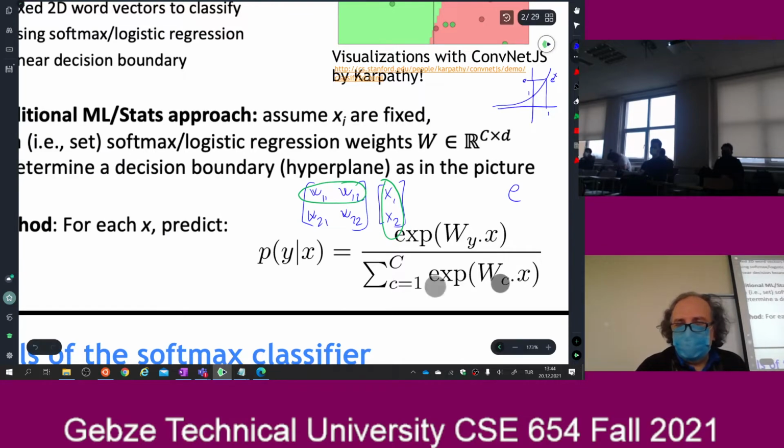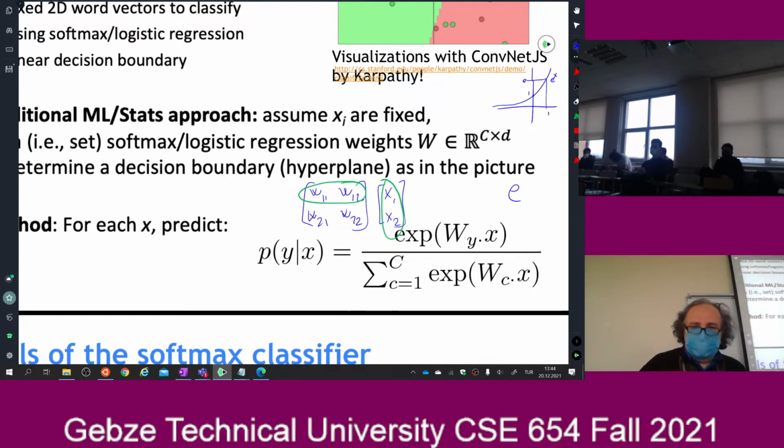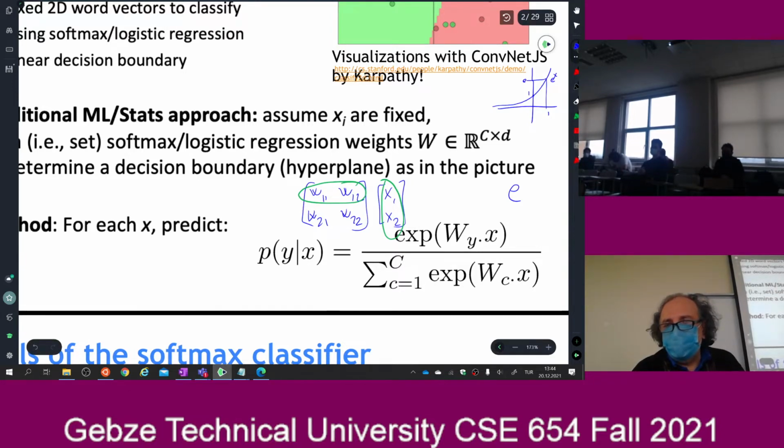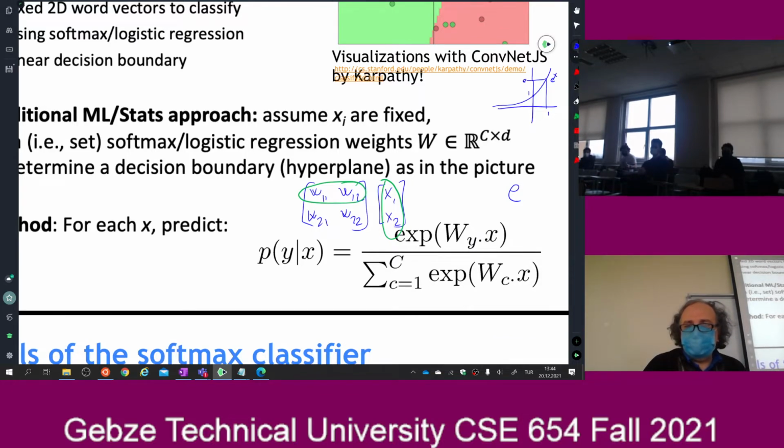And in the denominator part, I do this for all the classes. I have 2 classes only, buy or not buy, sell or not sell, and one of them has to be the y, the buy or sell decision, or sell or not sell observation.